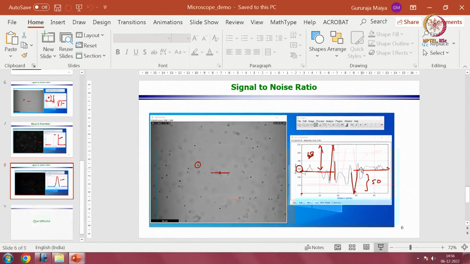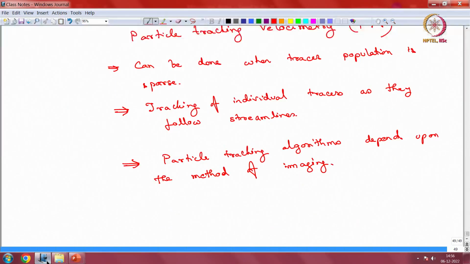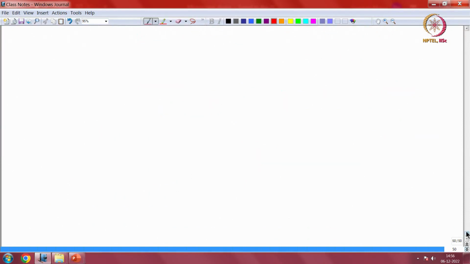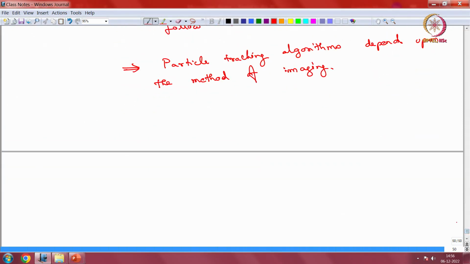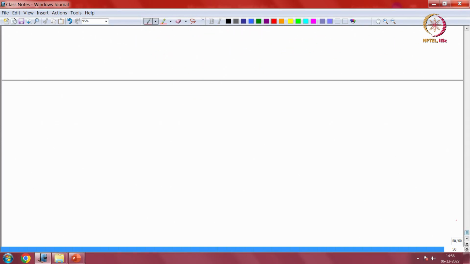So, it tells you that different types of images can have very different intensity profiles. So, if you are tracking the particle, you must know how to track the particular particle. So, I will discuss two cases.